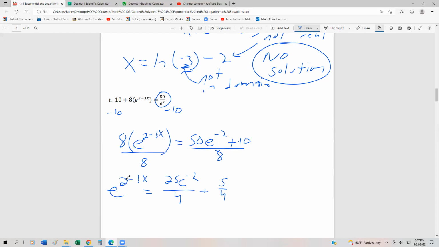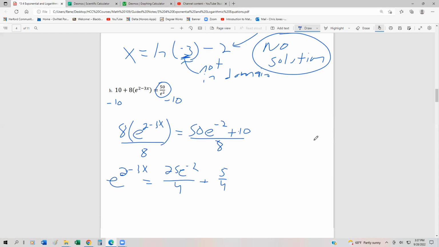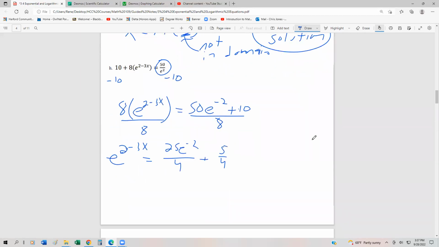To get rid of the e, we're going to need a natural log on both sides. So I'm going to take the natural log of e to the 2 minus 3x, and then ln of everything inside of here. So that's 25 e to the minus 2 over 4 plus 5/4. e and ln cancel each other out.